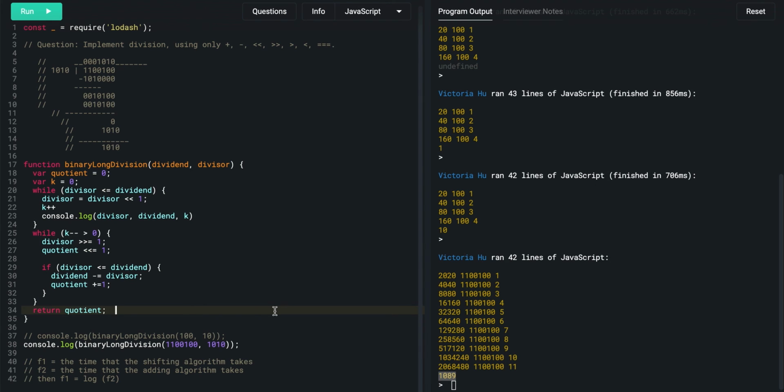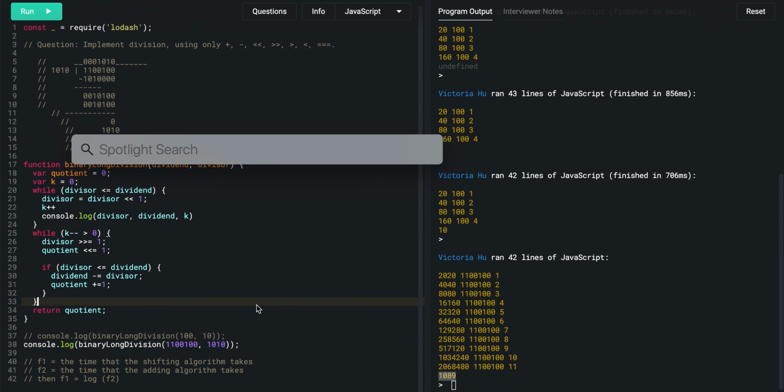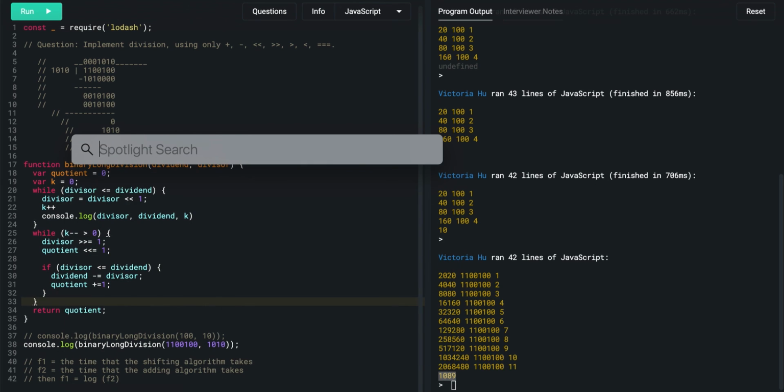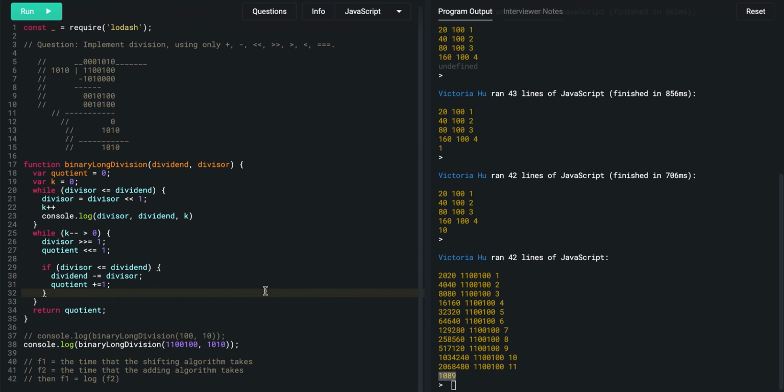So let's just double check this in integer form. So we're going to have 1100 divided by 1010, and that is correct. That is 1089. So that works. It works for both binary and for integer long division.